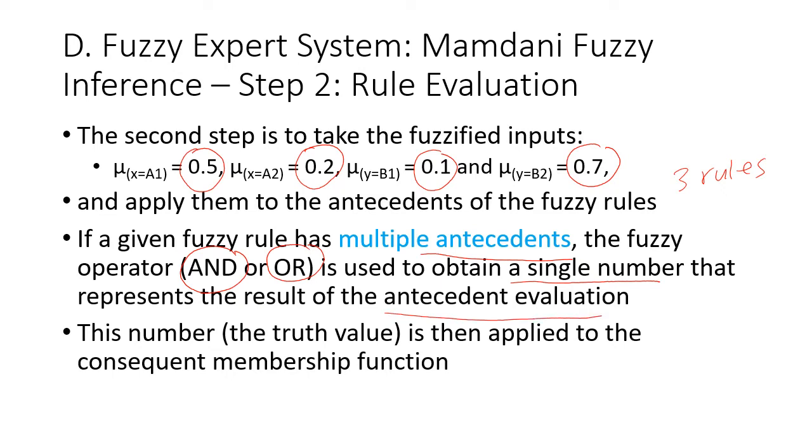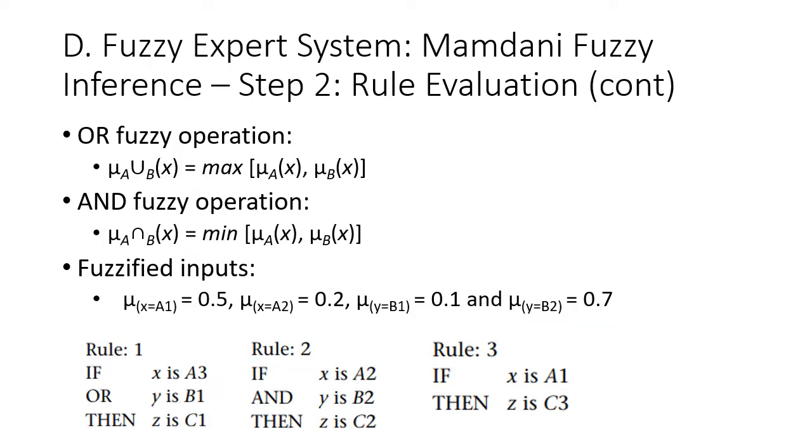So this number, the single number, will then be applied to the consequent membership function. So let's take a look at the 3 rules of our case study. This is rule 1, rule 2, and rule 3. And if you notice, in rule 1, we have 2 antecedents. And for rule 2, we also have 2 antecedents.